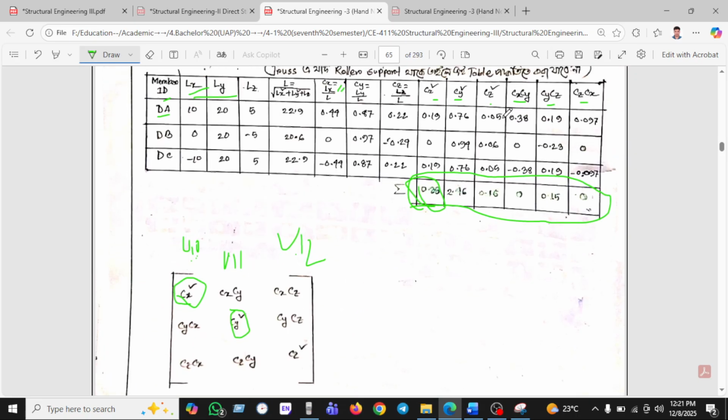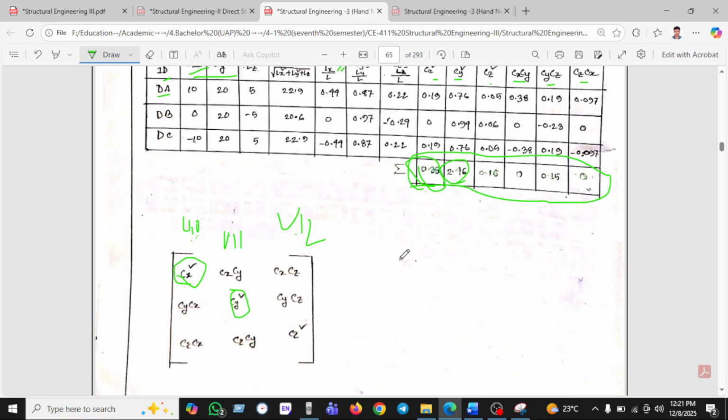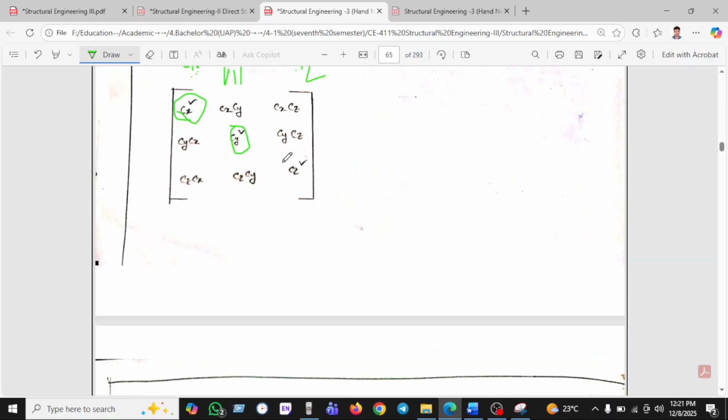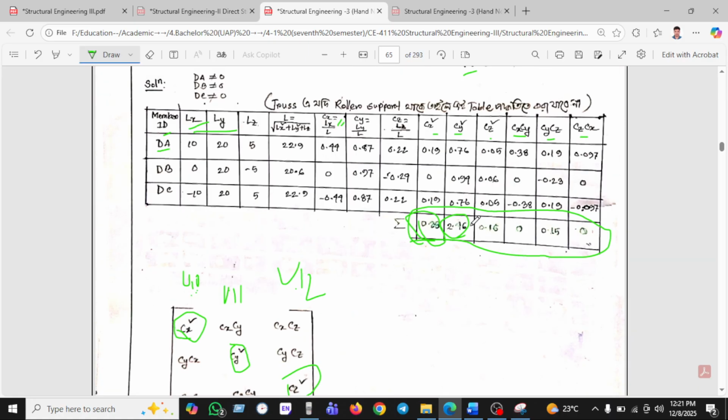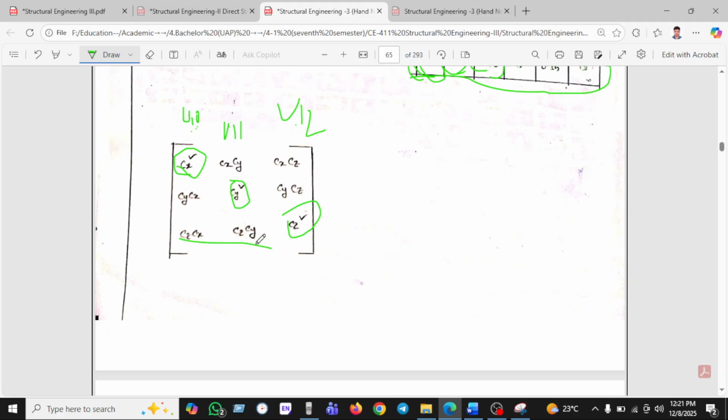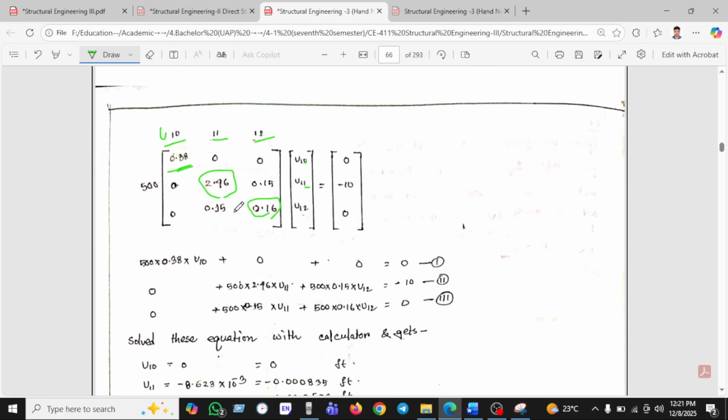This is the Cy square, equal to 2.46. In this way, how do we calculate 0.16? 0.16 is nothing but Cz square. We have Cz square as 0.16. So all these values are put here, and we find the result like this.